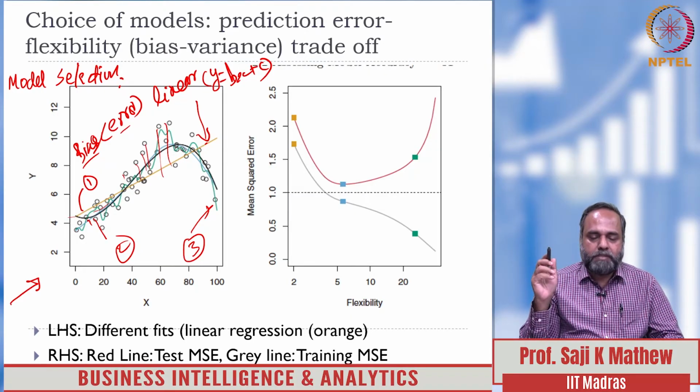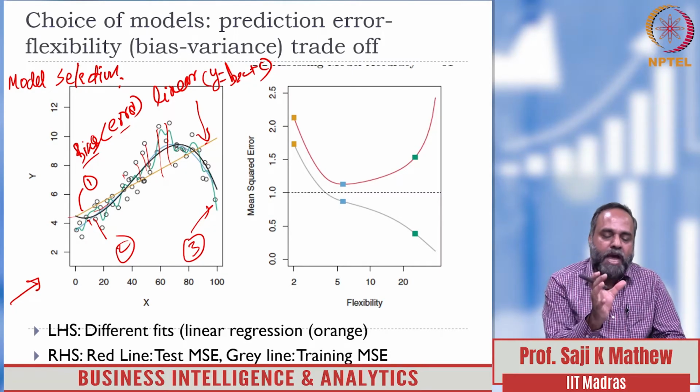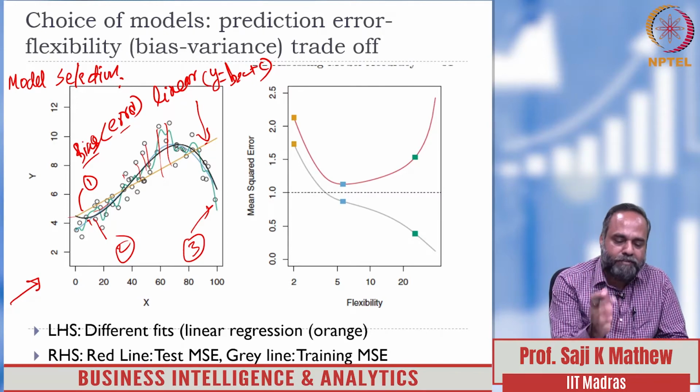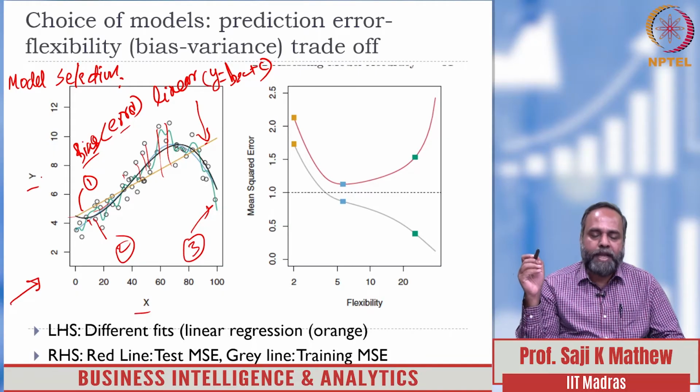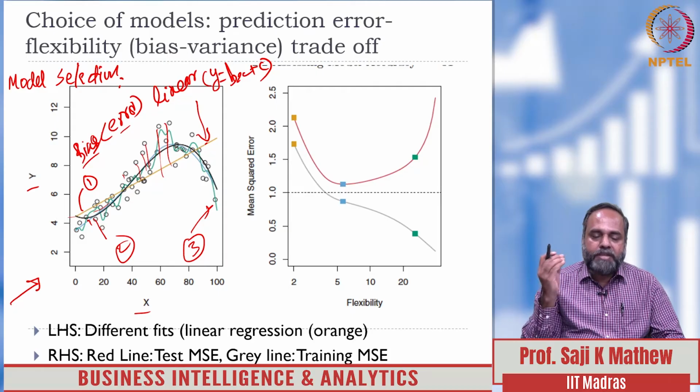But what happens? Suppose you change the data set. This is a sample collected from a phenomenon which contains y and x. Suppose you collect a different set of data and apply the same models.